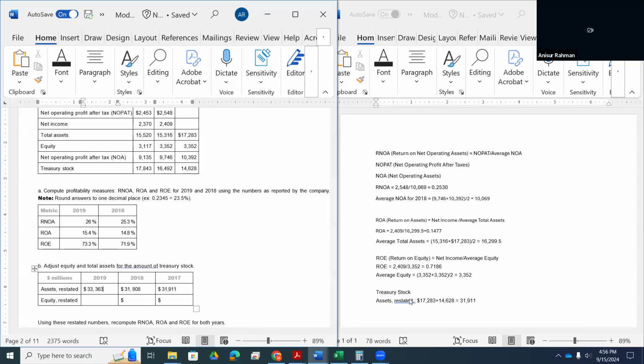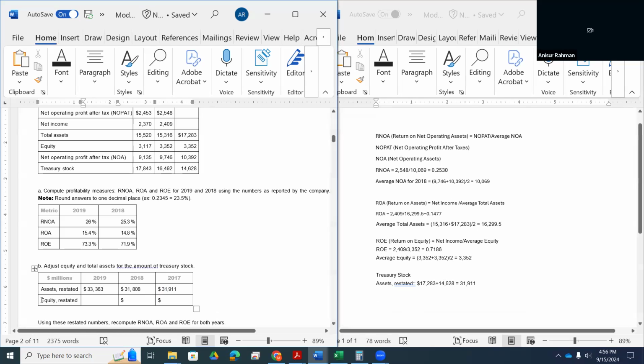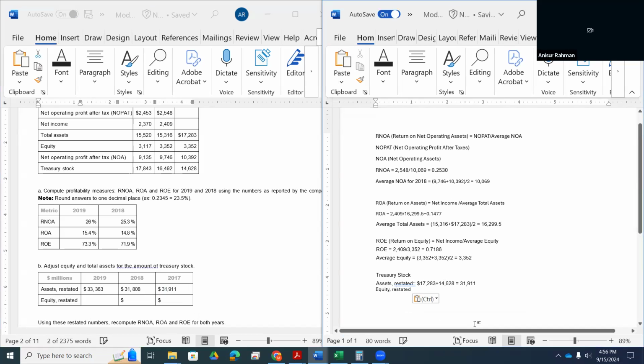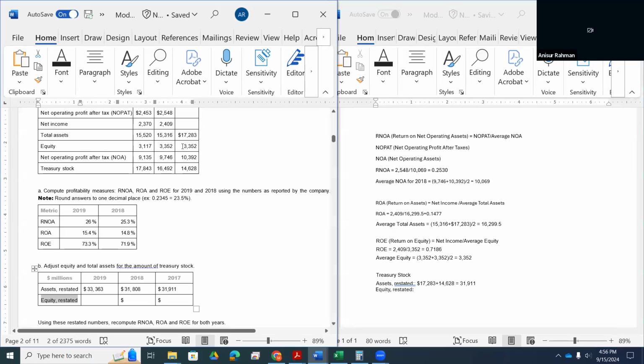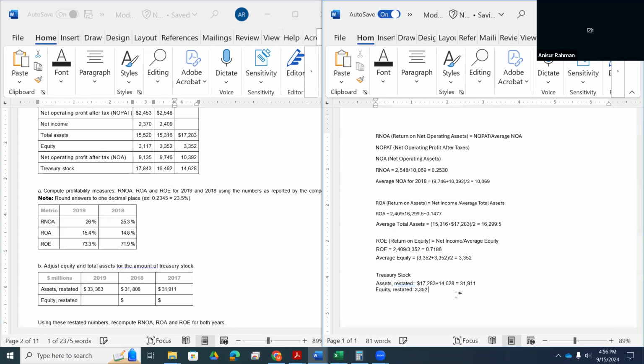Now for equity restated. Our equity is 3,352 for 2017.